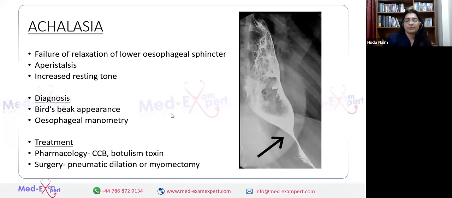Pharmacologically, earlier on, you would give calcium channel blockers or botulinum toxin, but later on you would use pneumatic dilatation or myotomy. This is what it looks like on the barium swallow, where you have dilatation which ends in narrowing of the lower esophagus. So this is the bird beak sign.